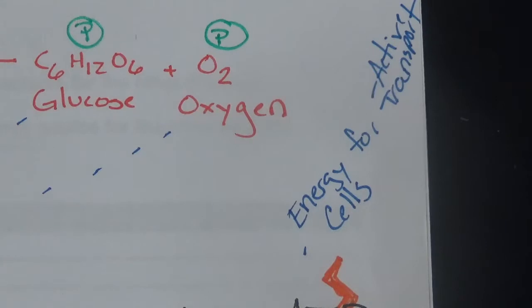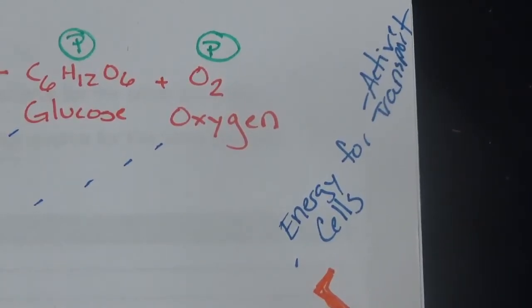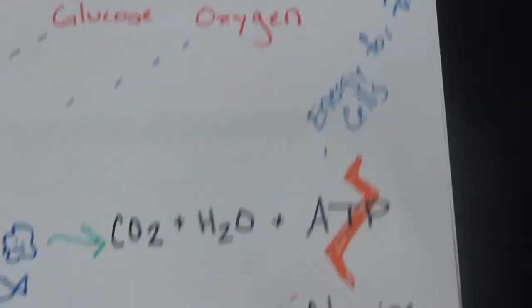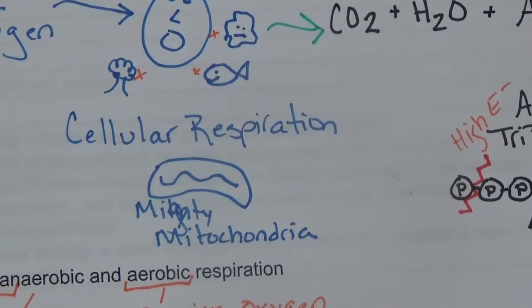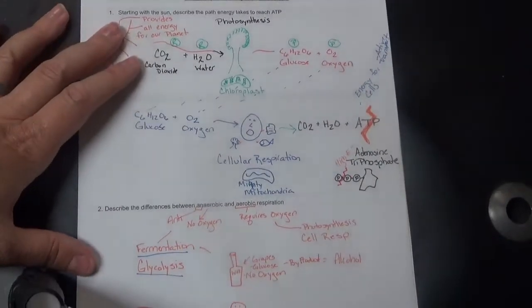Active transport we talked about in Unit 3, when we were talking about the cell needing energy for exocytosis and endocytosis and things like that. That energy comes from the ATP, which is formed during cellular respiration. So that's how the energy reaches ATP from the sun.